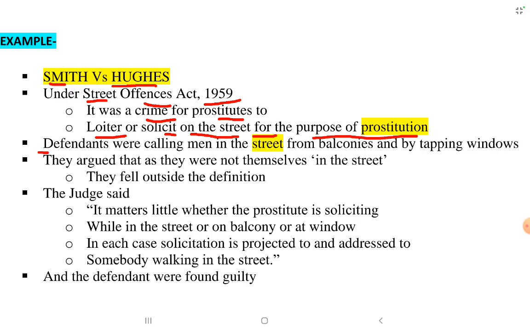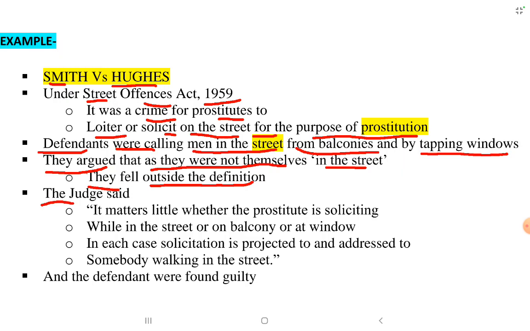The defendants, who were prostitutes, were calling men in the street from their balconies and by tapping windows. They argued that as they were not themselves in the street, they fell outside the definition. The judge said it matters little whether the prostitute is soliciting while in the street or on balcony or at window.